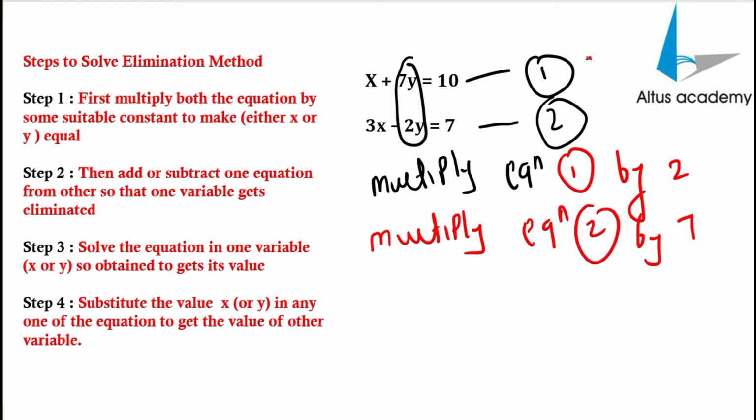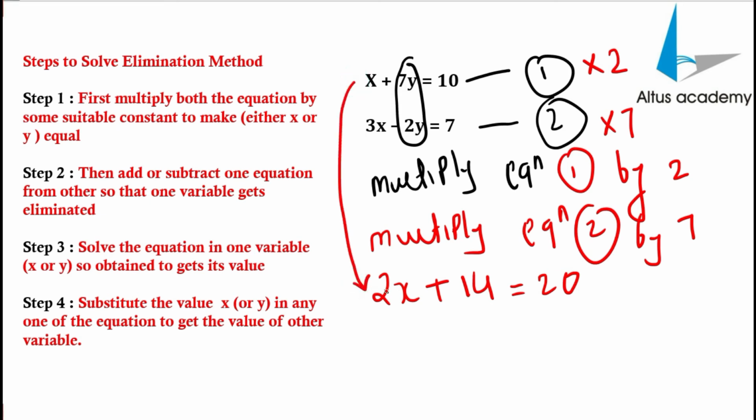Equation 1 we are multiplying by 2 and equation 2 we are multiplying by 7, so both the y terms will become equal. It will be 2 into x, so 2x plus 7 twos are 14y is equal to 10 twos are 20. So my equation 1 after multiplication becomes like this.